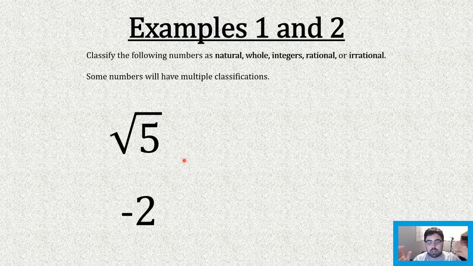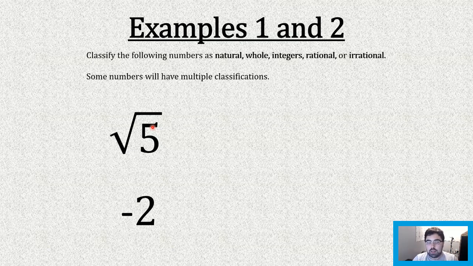So already I'm thinking to myself, all right, if I think about my graphic organizer, if I think about everything we talked about, the nice numbers are over in rational. The ugly numbers, if you will, like pi, for example, and the square root of 2 that we already talked about, are over in irrational land. Well, square root of 5 is also over in that same place. Why? Because if you take the square root of 5, you cannot make it fit the other definitions.